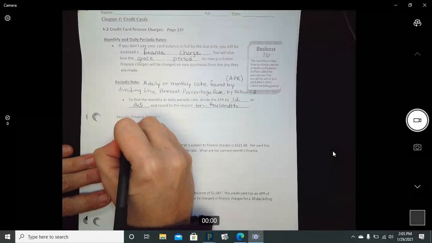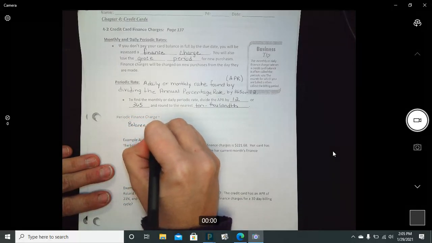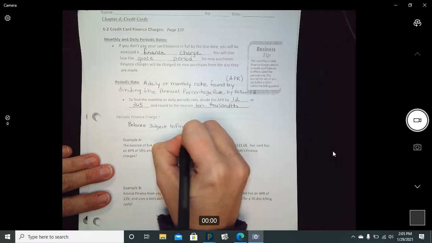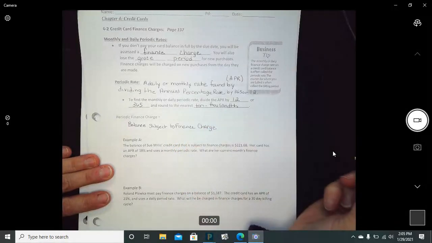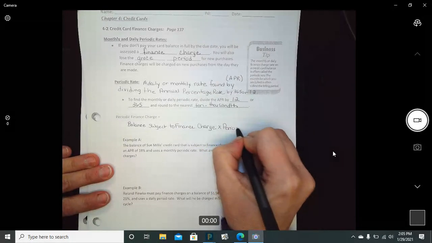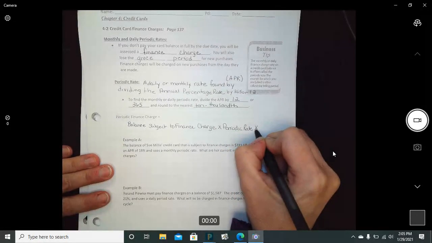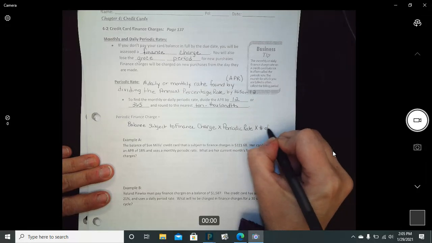So the formula that we are going to use is the balance subject to the finance charge times the periodic rate, and then the number of periods.